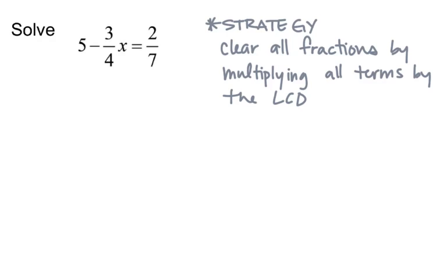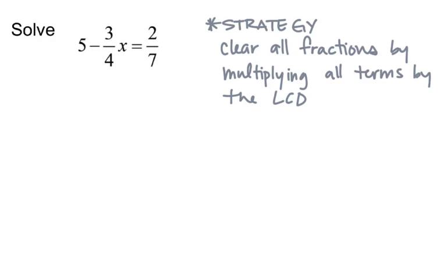This first example, I like to show you because it deals with fractions. Fractions are a big F word for people in math. They don't like them. We have a hard time dealing with them. So a strategy that we could use would be to clear all fractions by multiplying all terms.